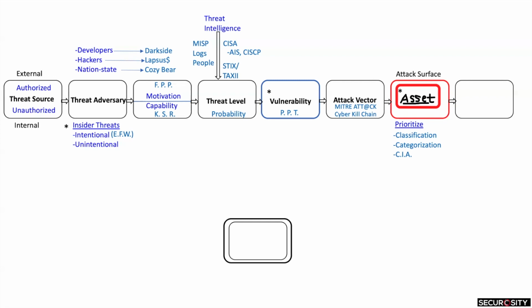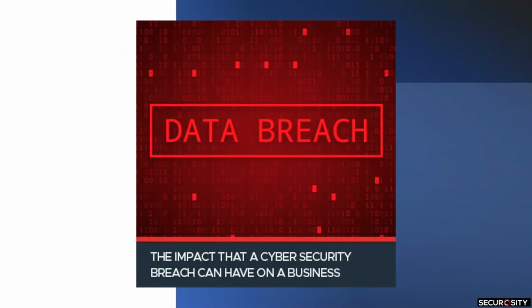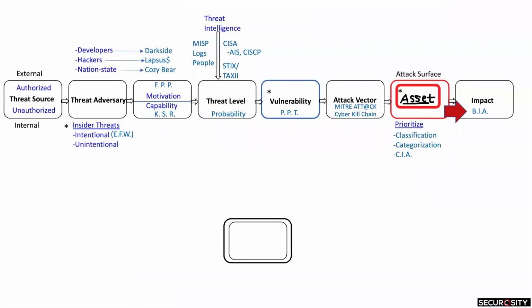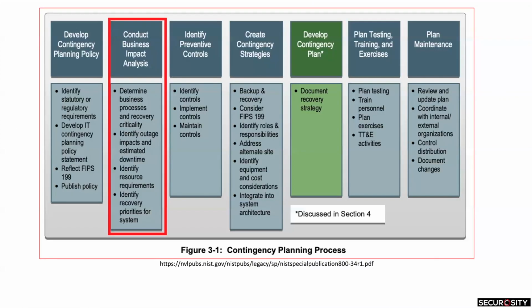Next, we want to figure out the impact to our organization if the assets were to be compromised or disrupted. Think of impact as the magnitude of potential loss to an organization. To assist with the impact assessment, we can use the Business Impact Analysis, also known as BIA. According to NIST, the National Institute of Standards and Technology, BIA is the second step of the 7-step contingency planning process.